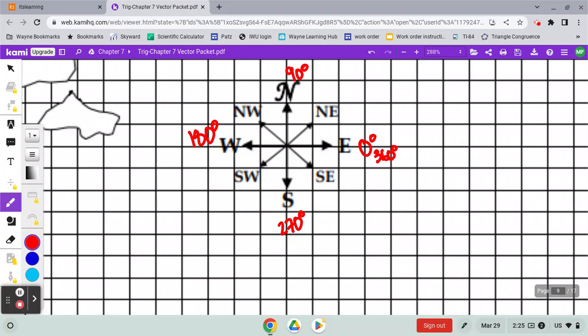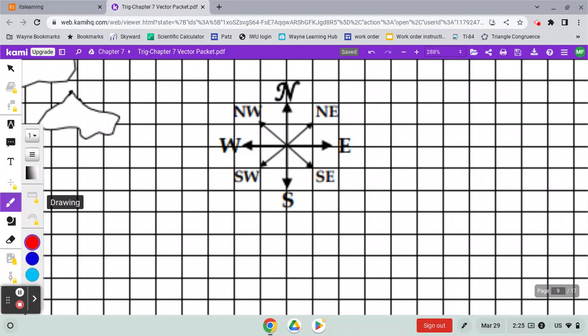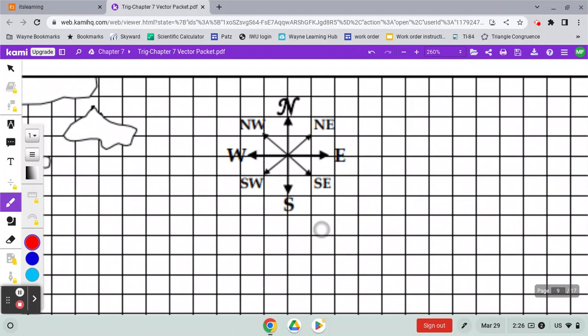I would guarantee that almost all of you would say east, then south, then west. Never eat soggy waffles is what a lot of you say. Never ever sell weed. Never eat slimy worms. Whatever it is, it's always north, east, south, west. We work our way around clockwise.